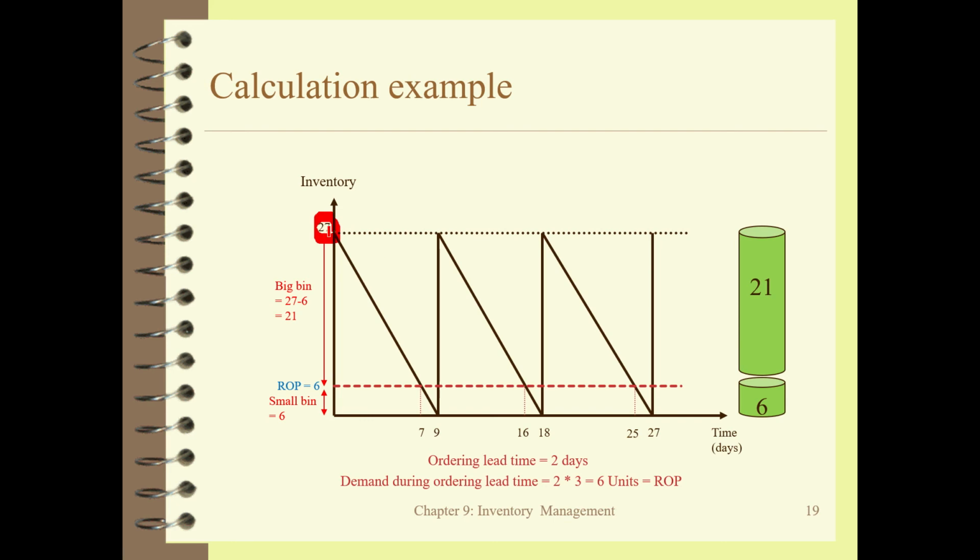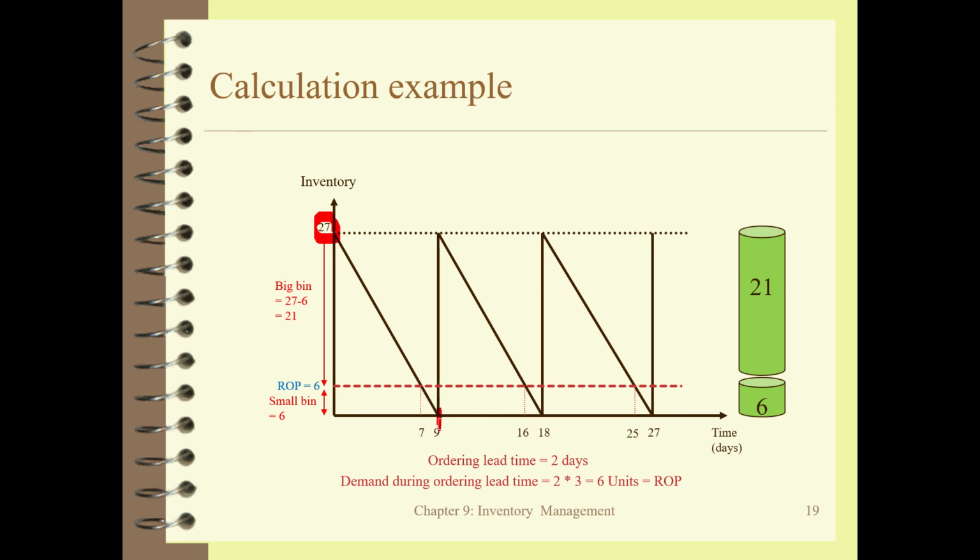So at the moment you have 27 units on hand, you need 9 days to finish this inventory, because 27 divided by 3 gives you 9 days.